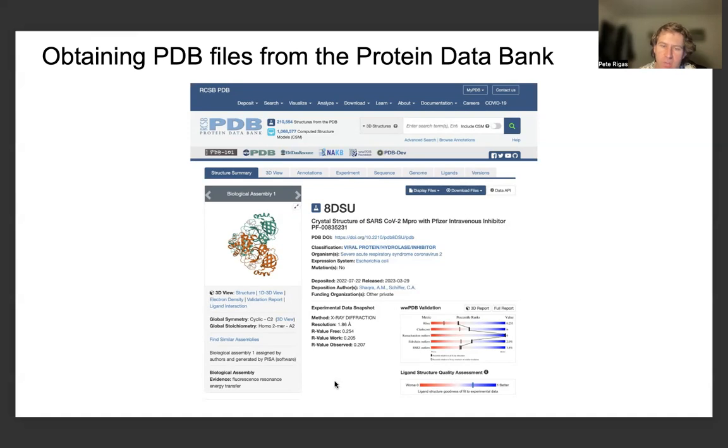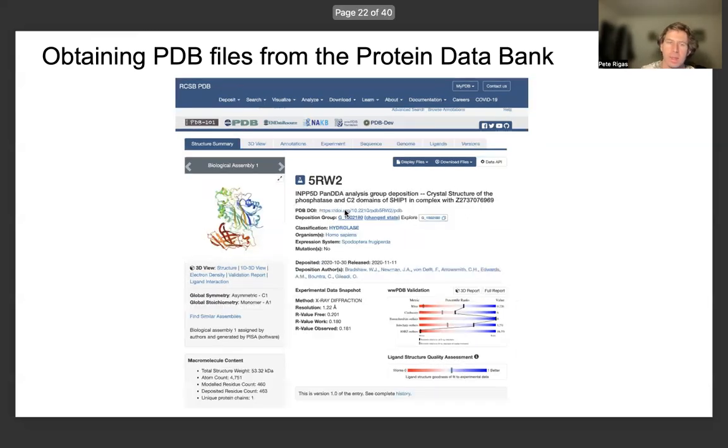And there are also many other types of experimental characterizations, as well as determining whether there are multiple models which are also deposited for this entry, which can be determined like for any type of structure.